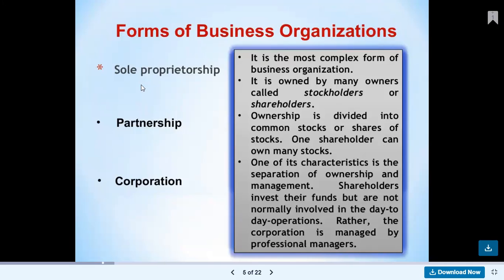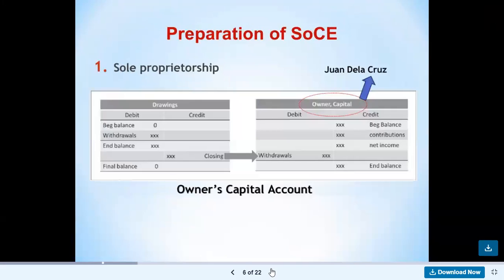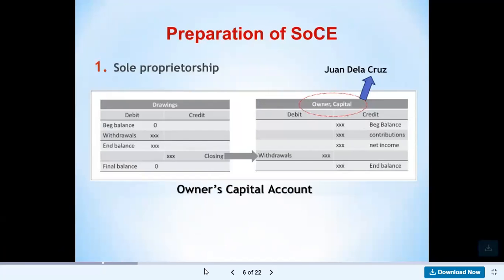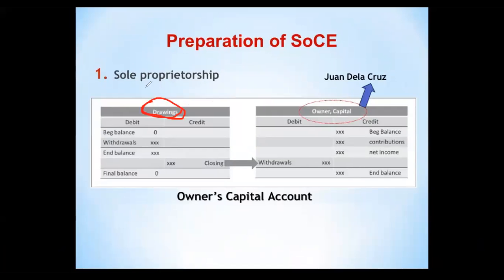We have corporation. Next, this is the preparation of the statement of changes in equity in a sole proprietorship. As you can see, we have here the drawings. When we say drawings, these are the withdrawals, and we have the owner's capital.